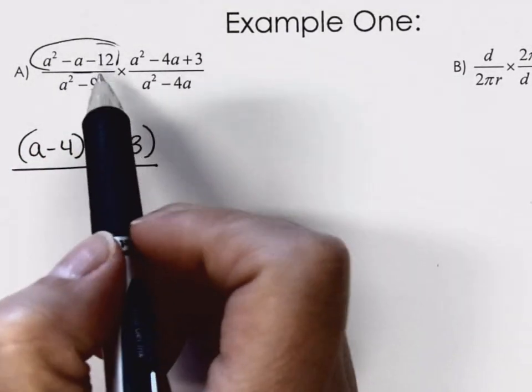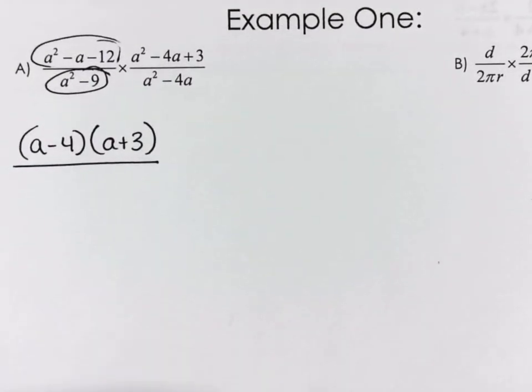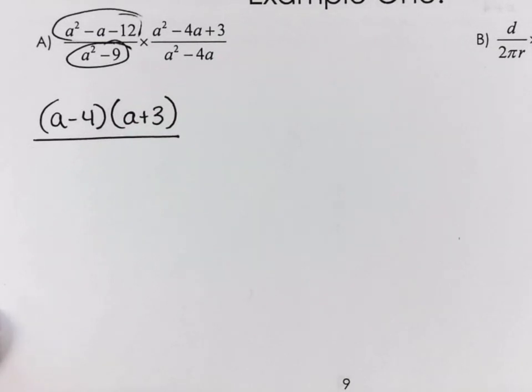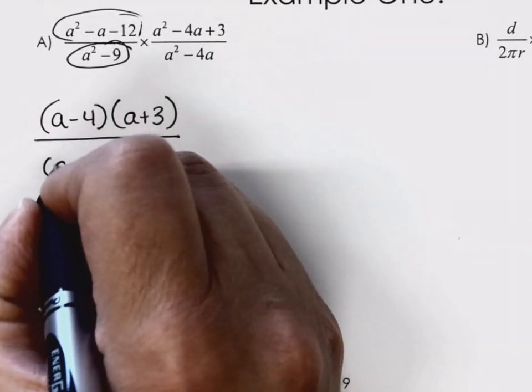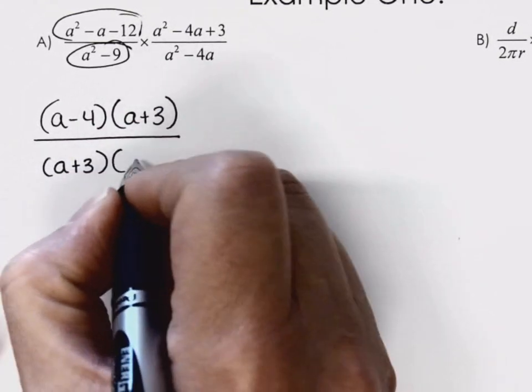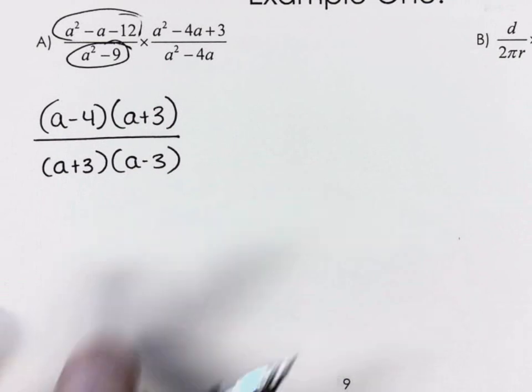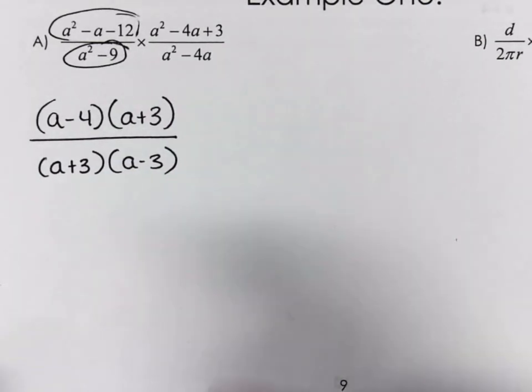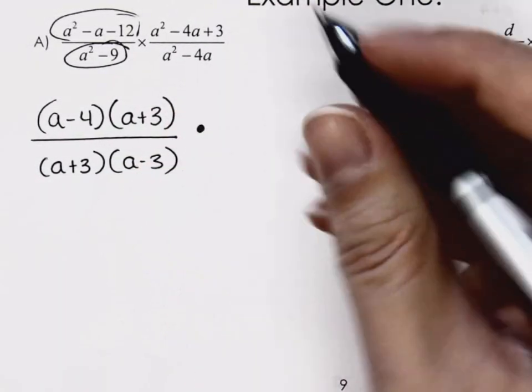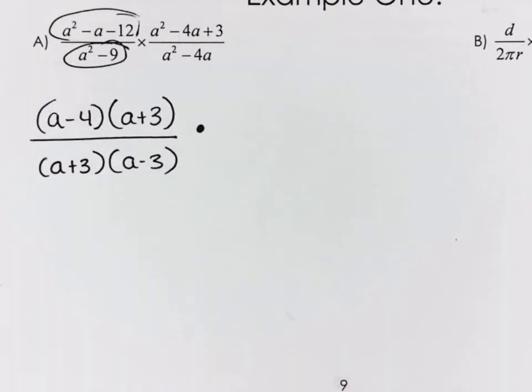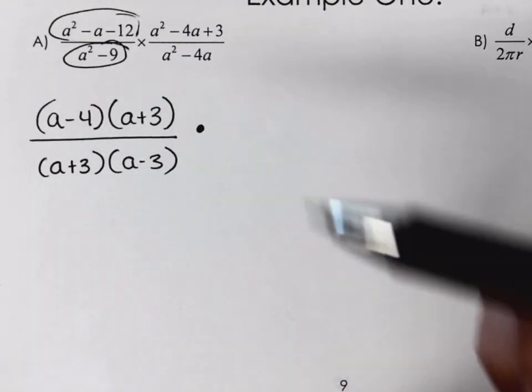Denominator, when I factor it, what's this one? It's a difference of squares, if that helps. 3 and 3. Does it matter what order I write these in? No, it does not. I'm changing my X to a dot just because sometimes X's can be misconstrued as variables.